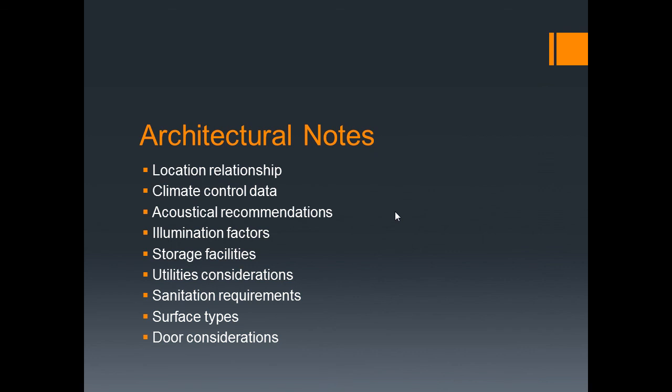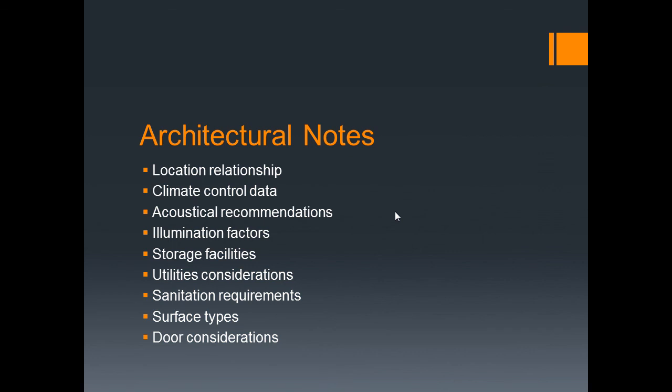The sanitation requirements, getting back to the comment before about bathrooms, and of course handicap accessibility for those bathrooms and wash areas. The surface types. How are we going to finish the floor? How are we going to finish the walls? All those surfaces.